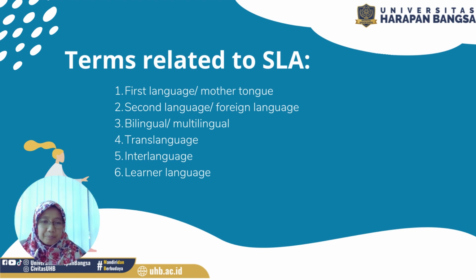For example, learners of a second language may have more exposure to the language through immersion in a community where the language is spoken, while learners of a foreign language might have to rely more heavily on textbooks, language courses, and other formal instruction. That's why sometimes learning a foreign language is more difficult than learning a second language.